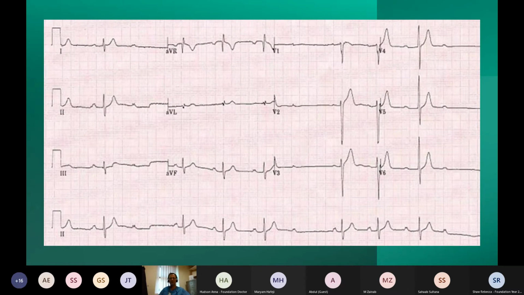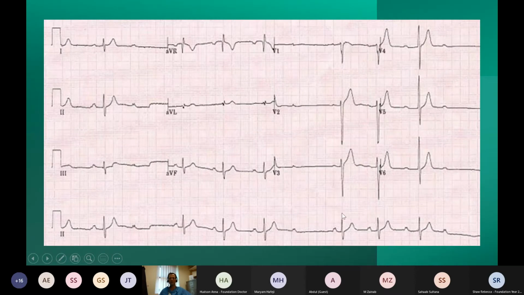So Rizwan is also saying second degree AV block. Can anybody expand on that? So Jenny said Mobitz type 2. That's another very good thought. And another person is suggesting Mobitz type 2. Now Will has said Mobitz type 1.